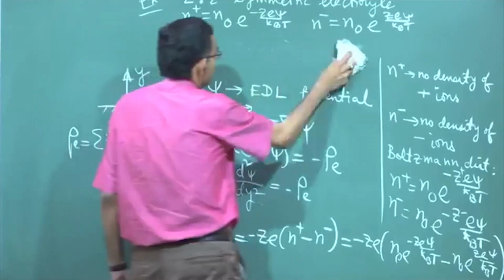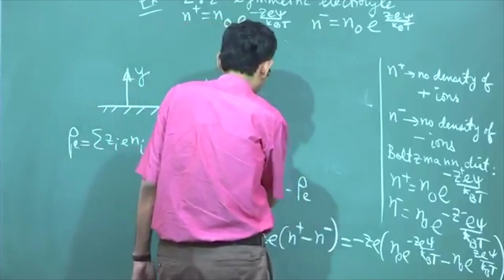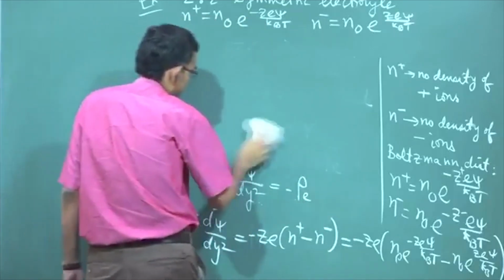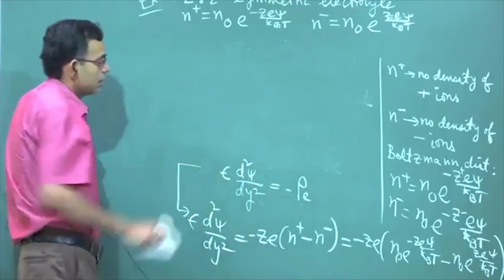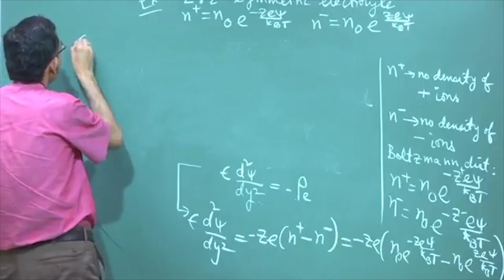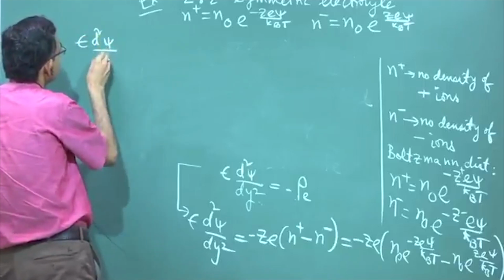So, now let me rub this part of the board so that we can write better, clearer. So, epsilon d2 psi dy2 equals the charge density term.